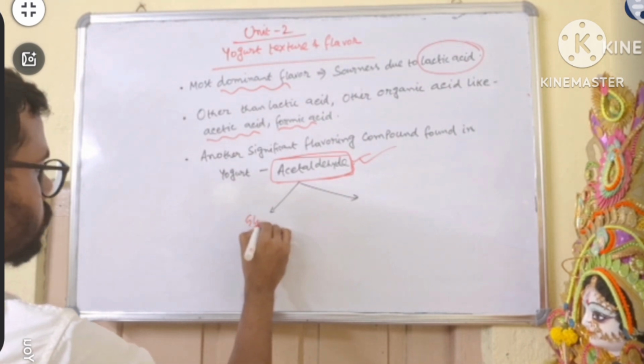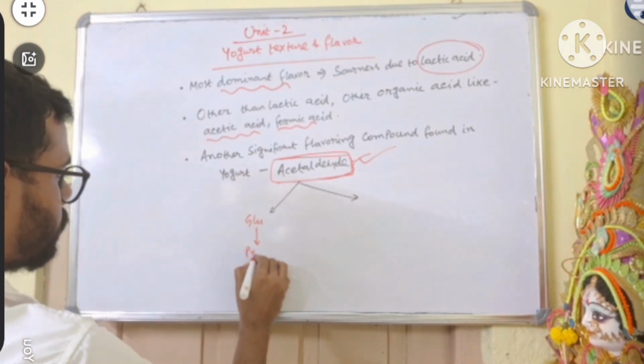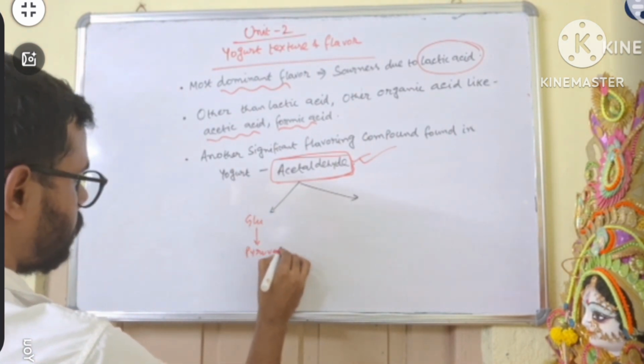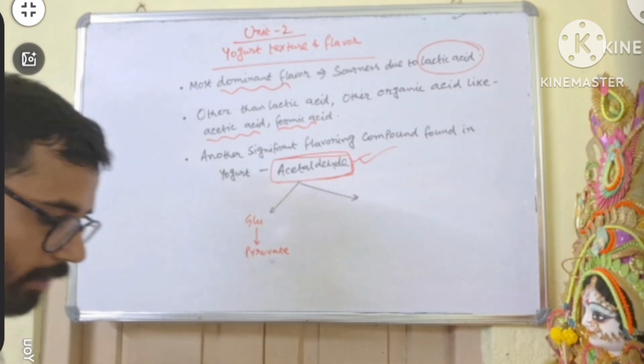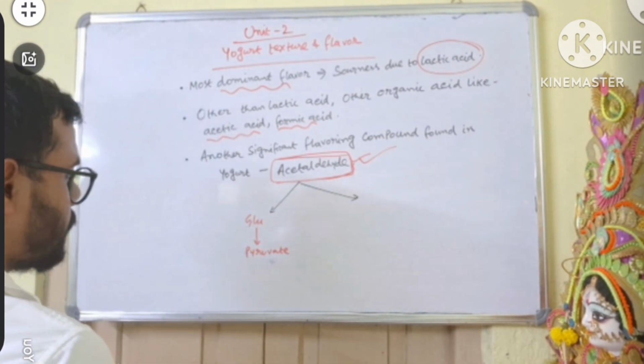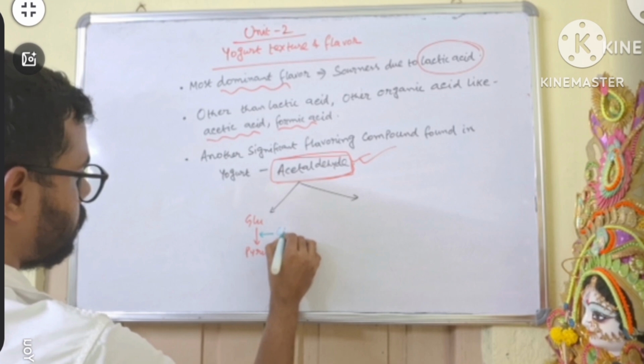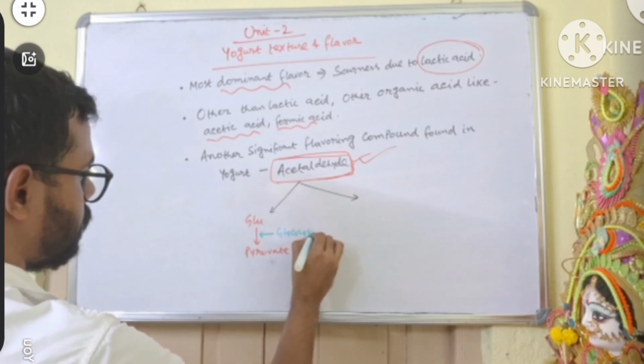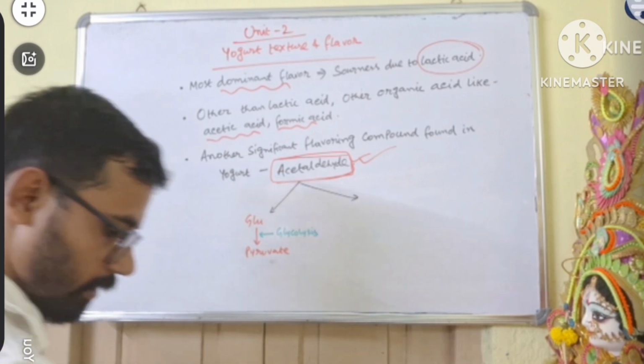First, glucose to pyruvate by means of glycolysis, and this pyruvate can convert into acetaldehyde.